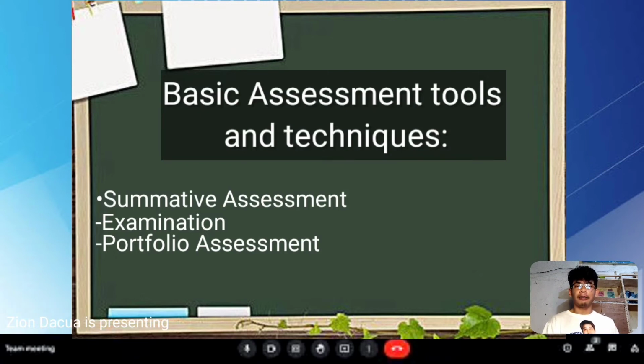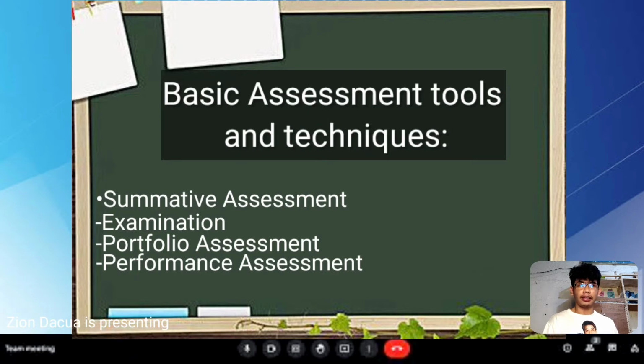Next is the performance assessment. It is a form of informal or authentic assessment that measures students' skills and understanding of concepts and procedures by having them demonstrate what they have learned, for example, role playing.